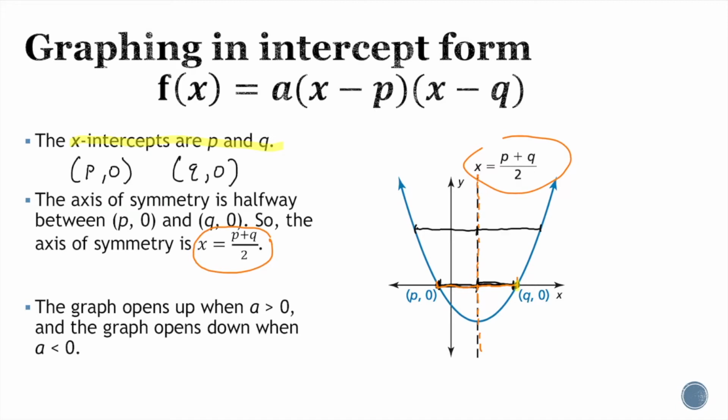Then I'm going to use that value to substitute into the function to find my vertex. Something also to note, the intercepts are also called the roots, zeros, or solutions, depending on the problem.